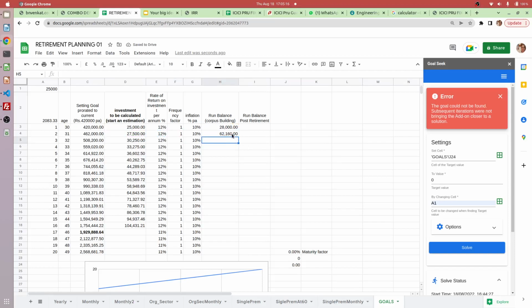Now let us copy this second year field to all the years during the investment period, up to 16 years.